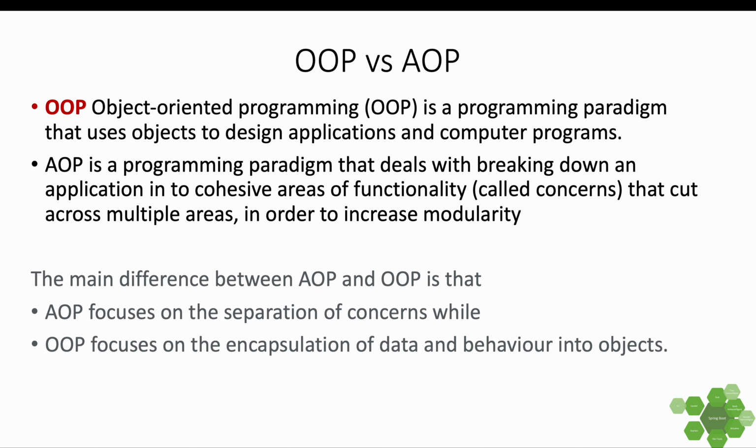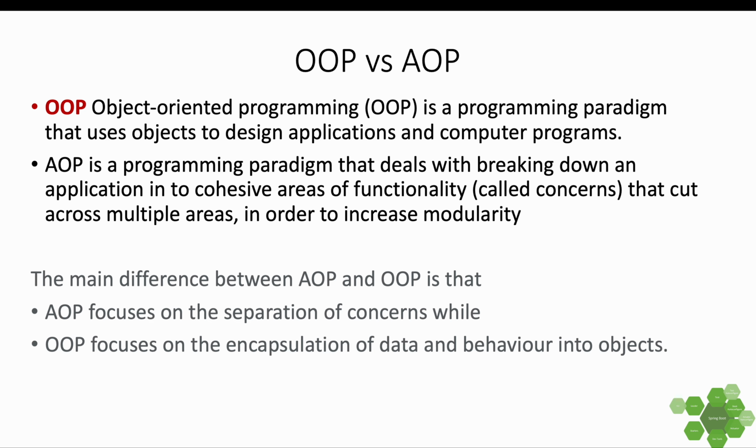Code that deals with transaction management is put in its own section. Code that deals with logging is put in its own section. Code that deals with security is put in its own section. So you are increasing modularity because you don't want to tangle your code. You don't want to mix concerns, where you have business logic mixing with code that doesn't actually belong there.